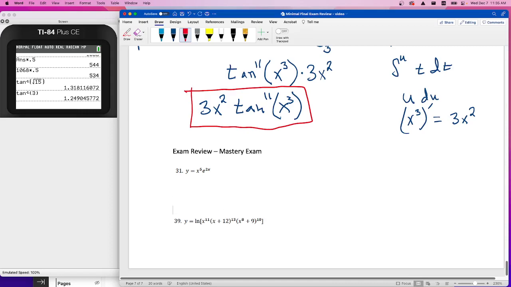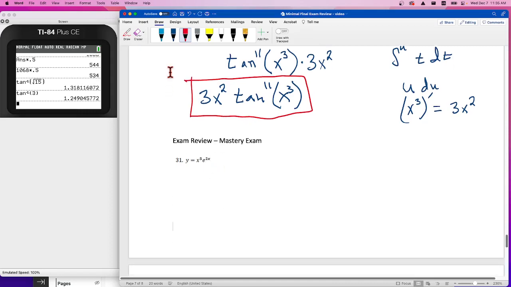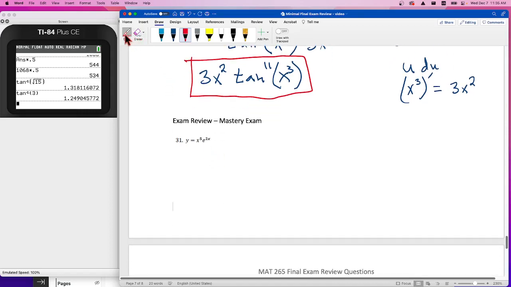So let's give a little bit of space here. This is the chain rule, so just be able to do that. And it gets a little tricky. x to the 5th times e to the 2x. So take the derivative of the first part, 5x to the 4th, times the second part unchanged, e to the 2x.